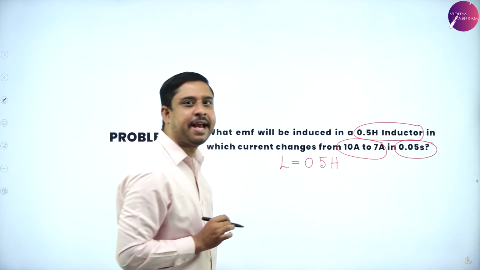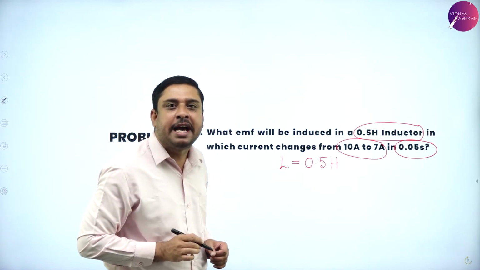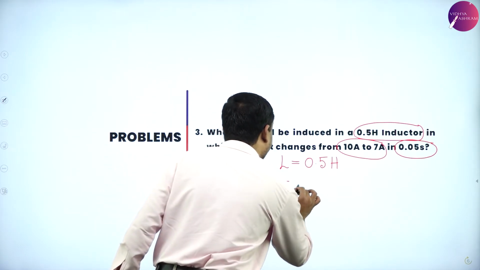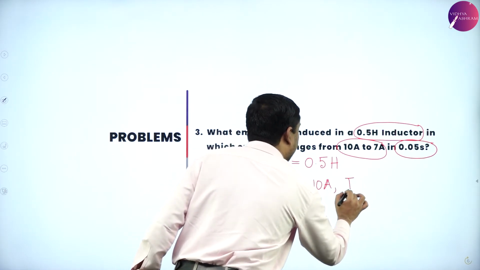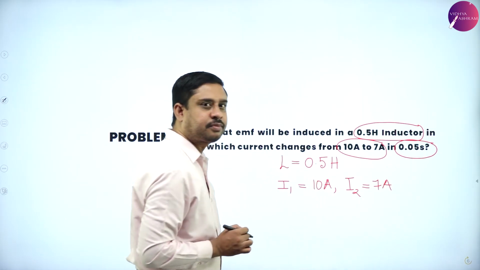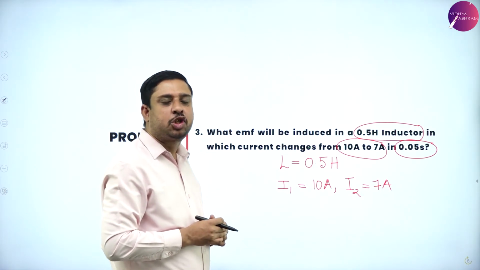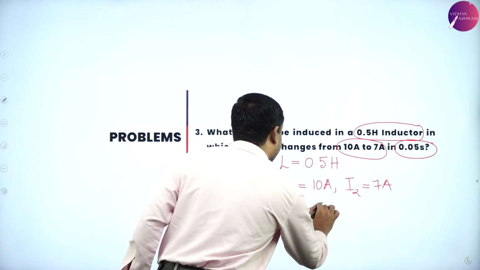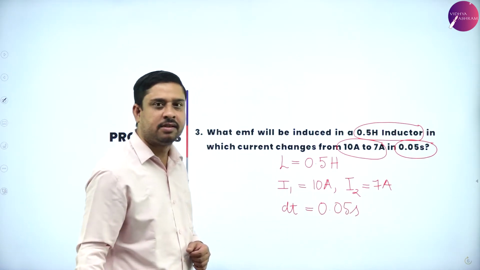Again, here the value of inductance is given, L is 0.5 Henry. Current I1 is 10 ampere and I2 is 7 ampere, and dt is 0.05 seconds.